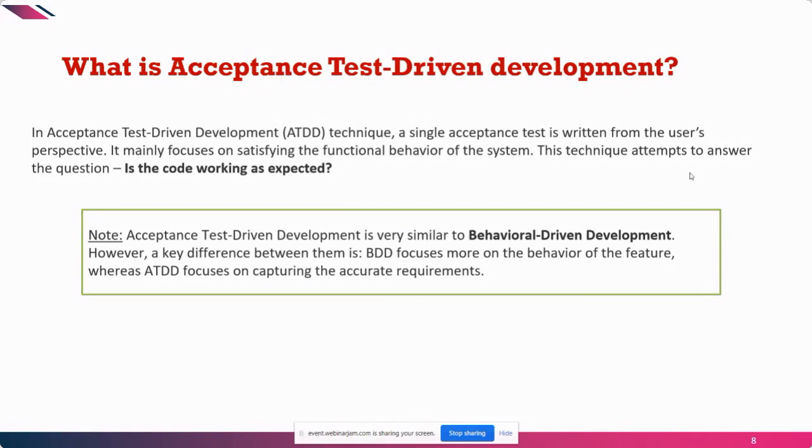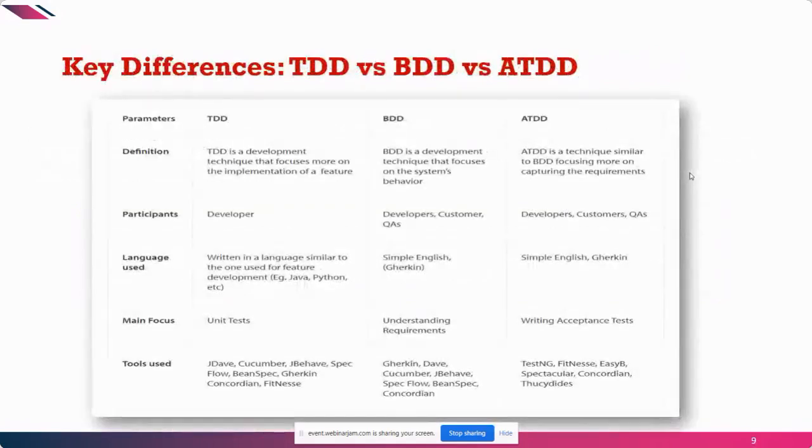And ATD is used more towards the user acceptance testing level, right? So those are some of the key differences. Now, just to note, acceptance test-driven development is very similar to BDD. However, the key difference between them is that BDD focuses more on the behavior part of it, whereas ATD focuses more towards capturing the accurate requirements, right?